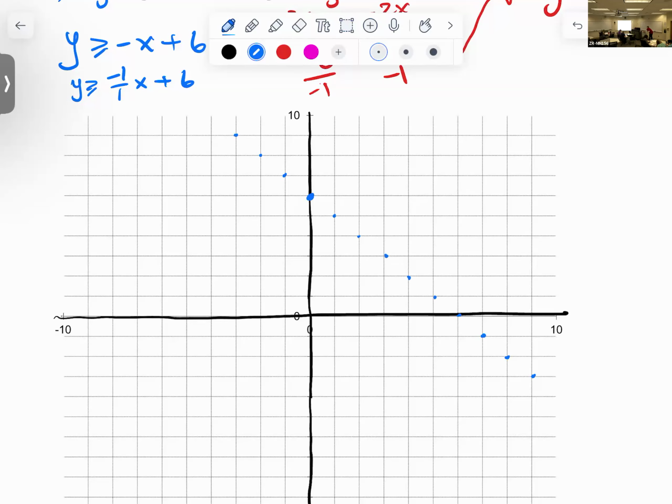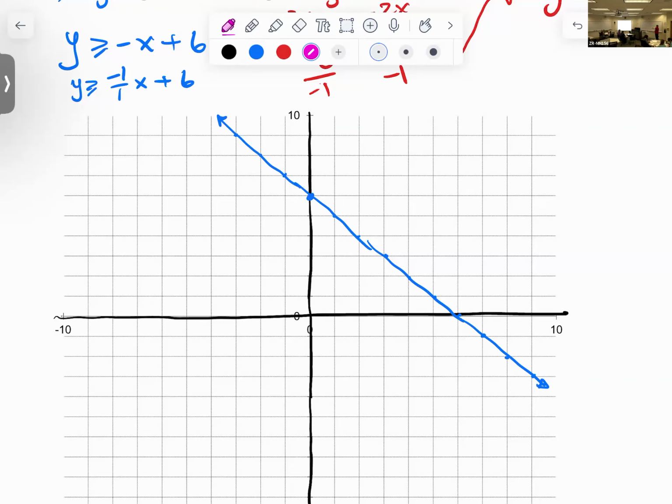Is this line dashed or solid? Solid, because we have the greater than or equal to. Then, are we shading above or below this line? Greater than, so above.